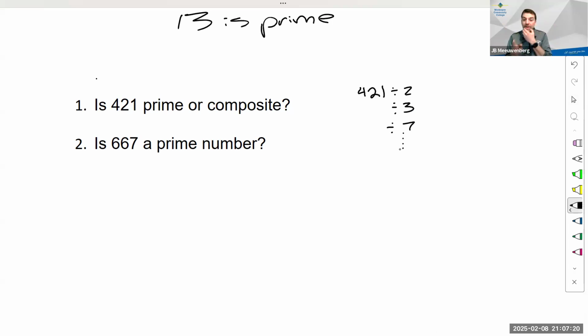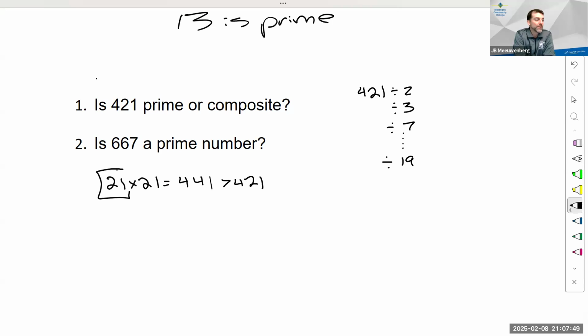Well, the biggest number that we have to test is what? Did you figure that out? The biggest number you have to test is 19. Why? Because 21 times 21 is equal to 441. 441 is larger than 421.